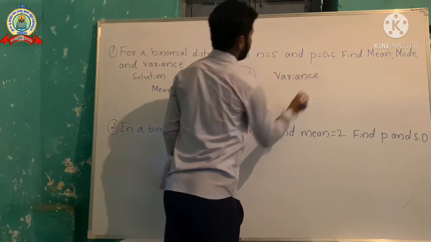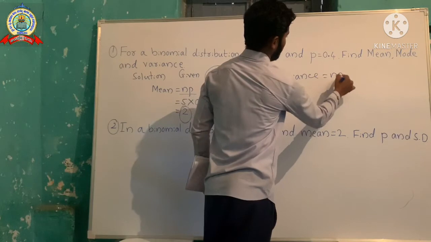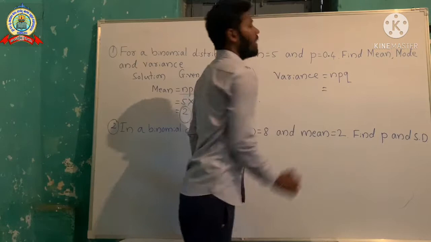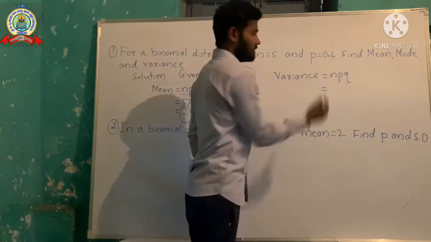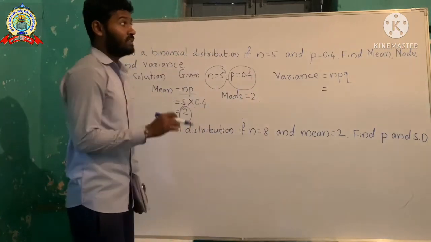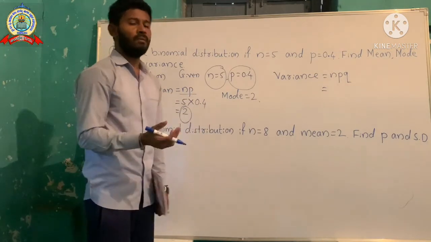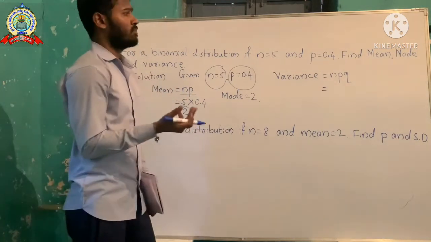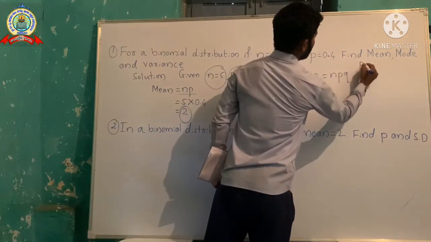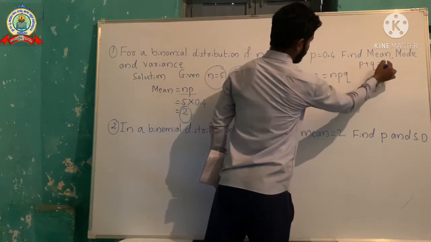Yes. So let me find the value of variance. The variance of a binomial distribution is equal to npq. Okay, already we have the values. The n value is given, the p value is given, but the q value is not given in this problem. So simple, with the help of the p value we can find q easily. We already know that p plus q, probability of success plus probability of failure, is always equal to 1.